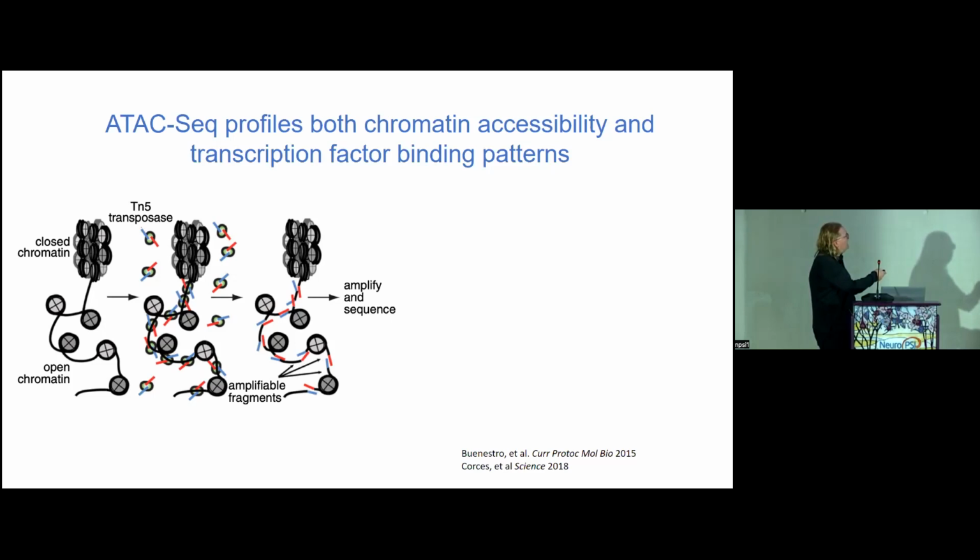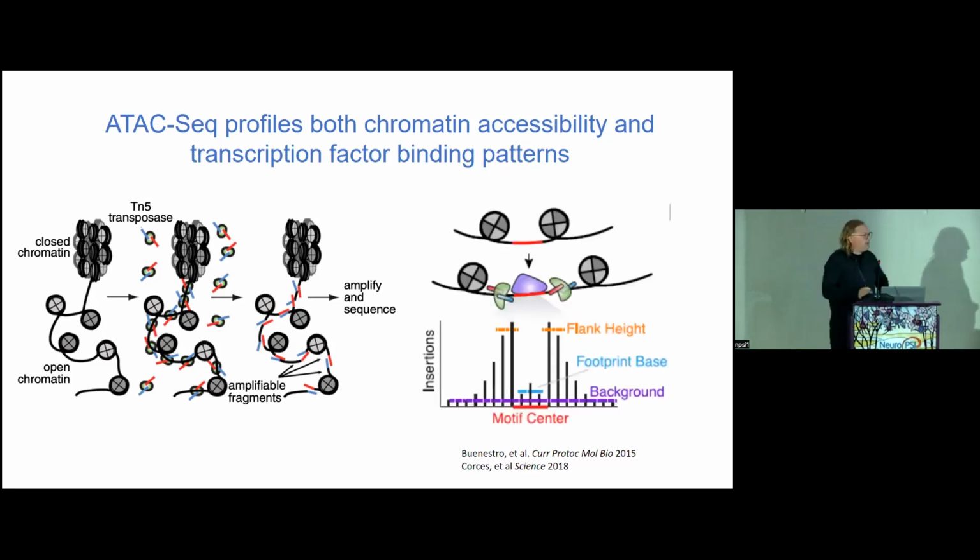These can then be used to integrate essentially randomly into open chromatin anywhere across the genome. And this allows you to visualize not only the position of nucleosomes and chromatin conformation, but much more interestingly, transcription factor binding. Essentially, when a transcription factor is bound to a specific site, this is protected from transposon integration. And you have a little footprint, as shown here.